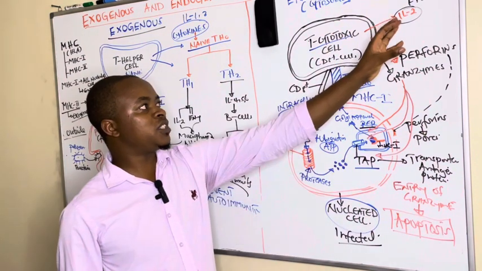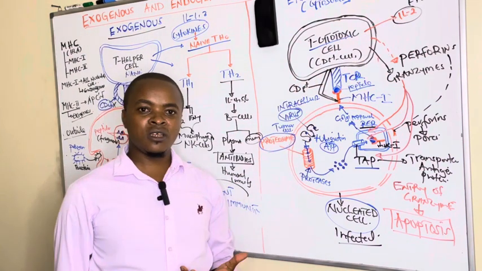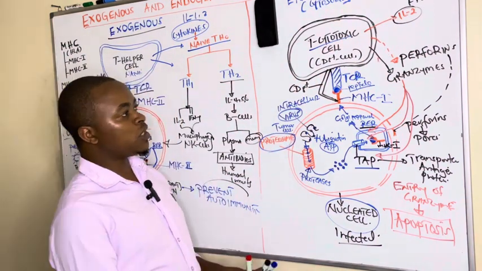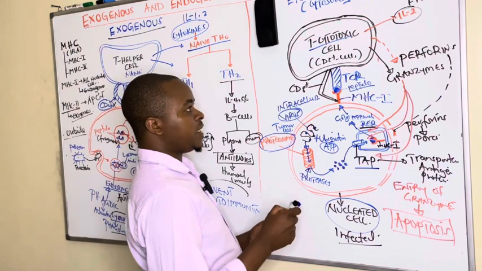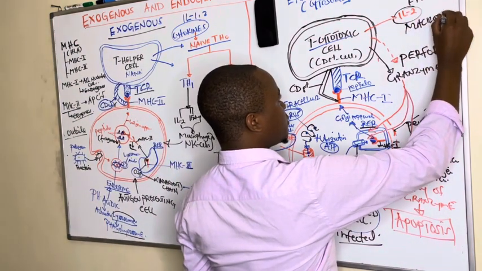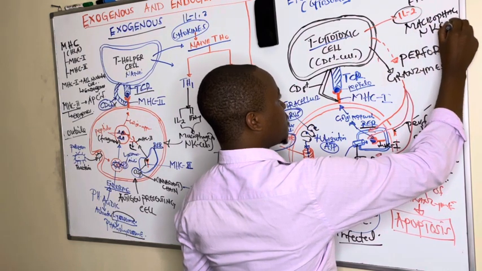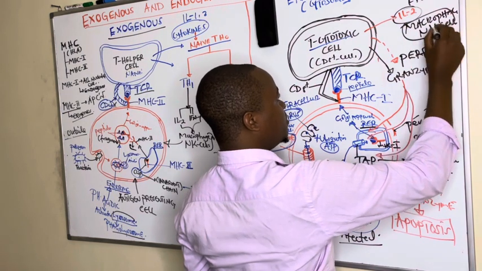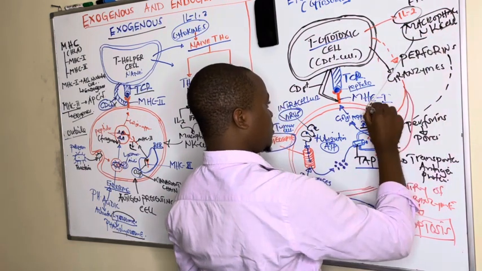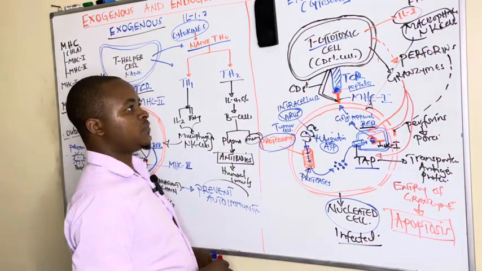The cytokines produced, especially interleukin 1 and interleukin 2, can also activate macrophages and natural killer cells, and these can also kill the virus or tumor infected cell.